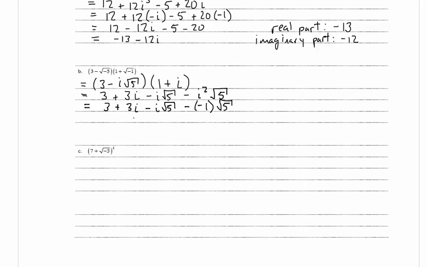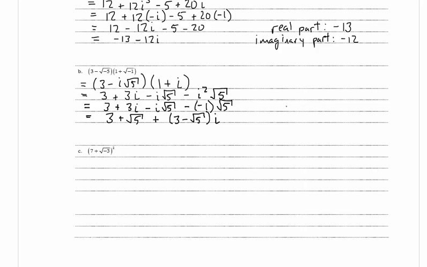And now I want to combine my like terms. And I have 3 minus a negative square root of 5. So I have 3 plus the square root of 5, plus we have a 3i and a negative i square root of 5. And we can write that as 3 minus the square root of 5, times i.